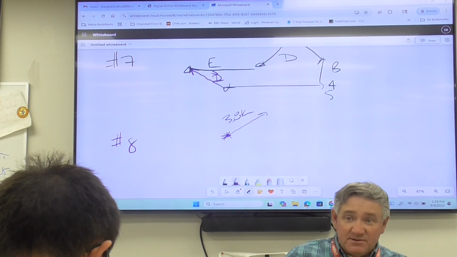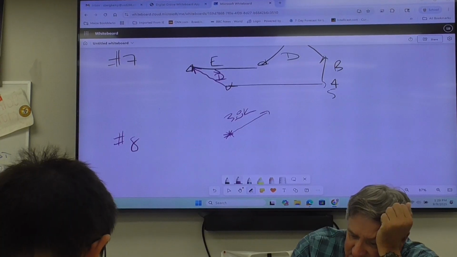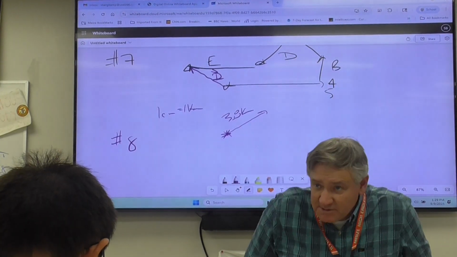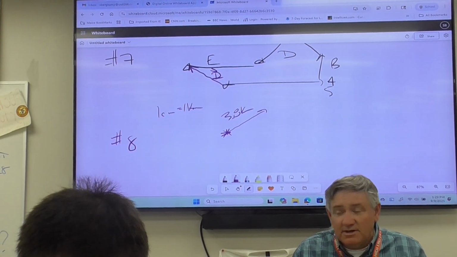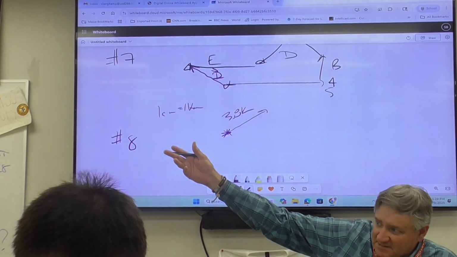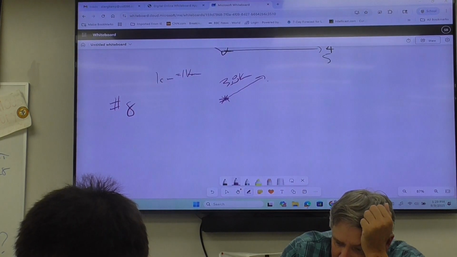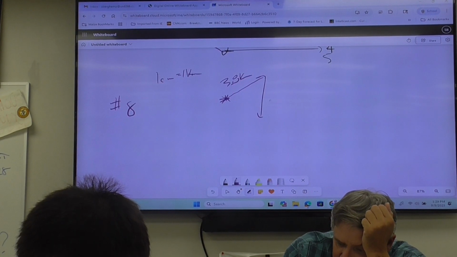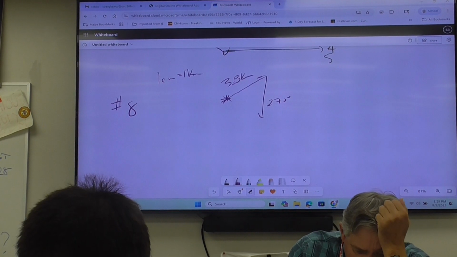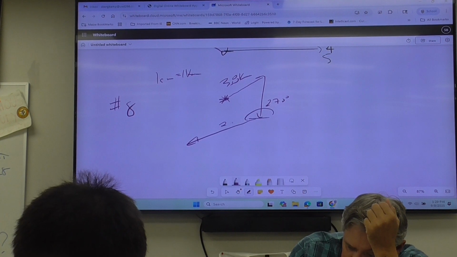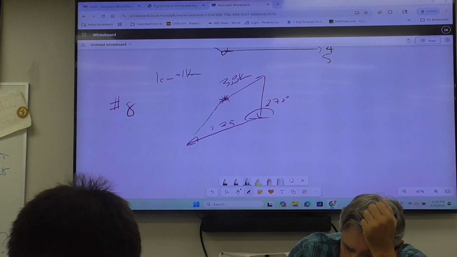What I would recommend is to do something simple where you let 1 centimeter equal a kilometer. You just shrink the scale, and it's going to be the same ratio, so you're not drawing incredibly long lines. So you've got 3.8, then down here at 270, and then the next one, 225, which puts you something like this, and your resultant is going to go like this.